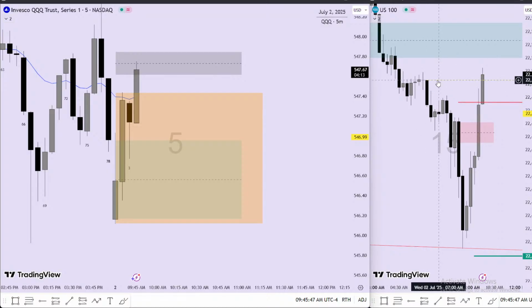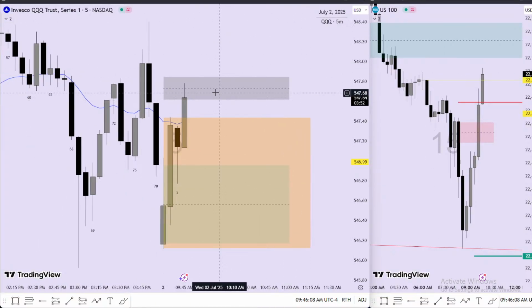Have tagged that point, retesting that level. This white black box.